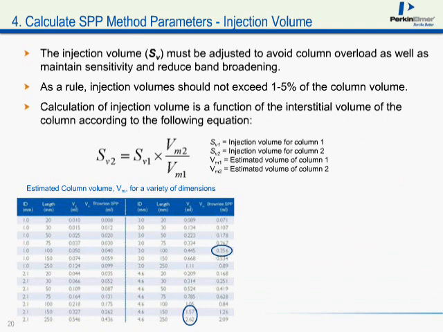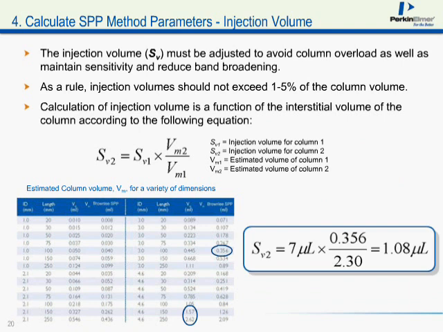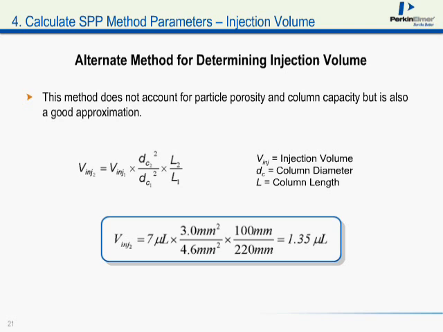I took the average of the two, calculated that the interstitial volume of a 220 millimeter column was about 2.3 milliliters. For the SPP 3x100, it's about 0.356. If I then calculate that ratio, the estimated new injection volume would be about 1 microliter.